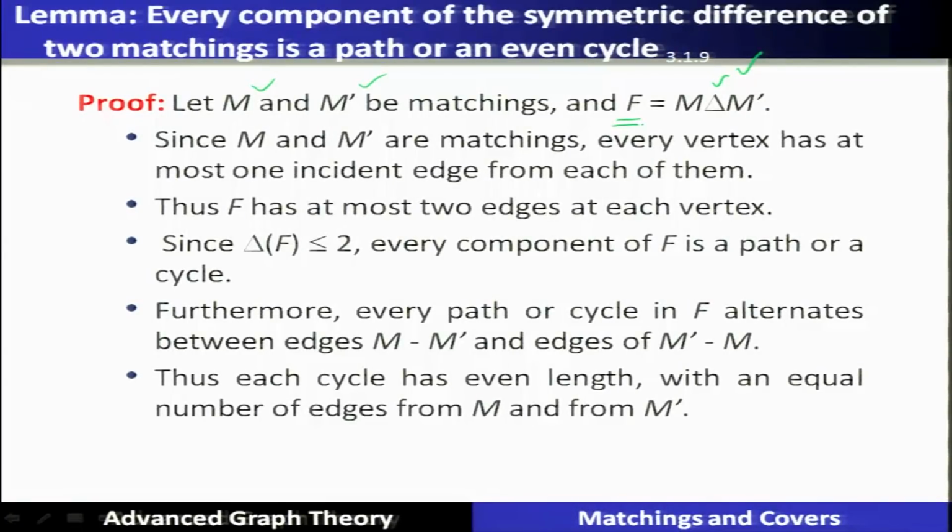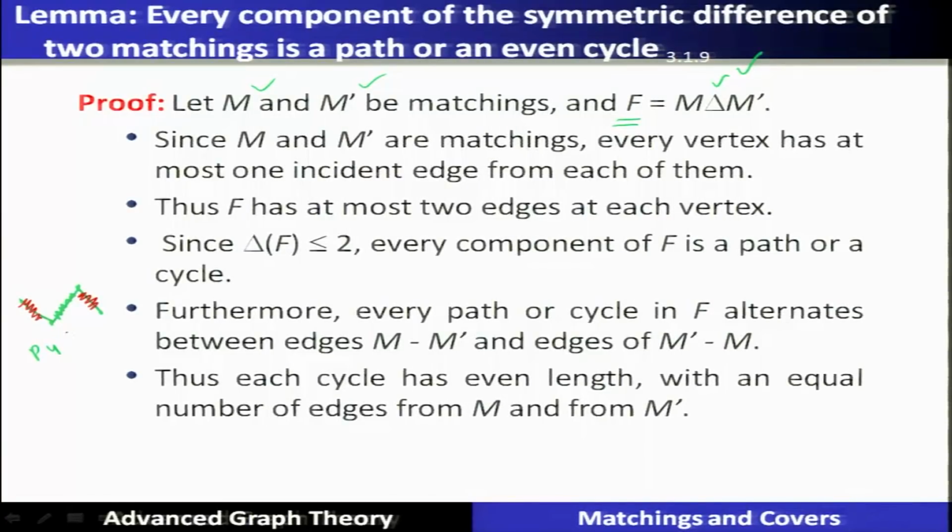Let M and M prime be the matchings. Every vertex has at most one incident edge from each of them. Let us understand it. So, this is a P4 graph. Let us say this is one matching and this red color is another matching.